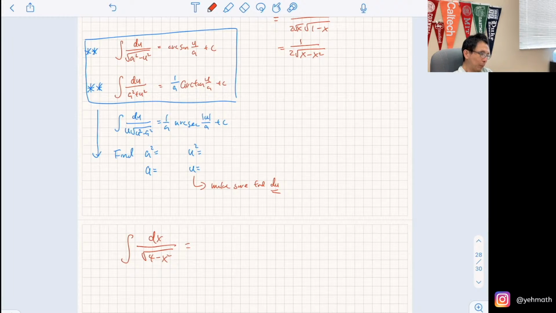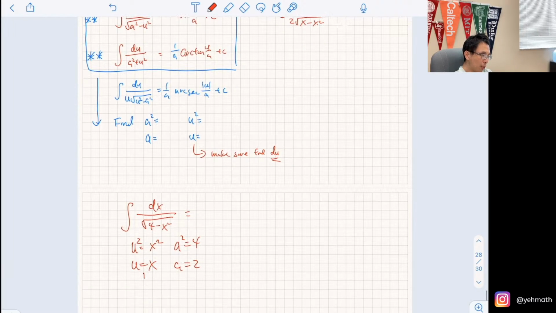They're going to say u squared is equal to x squared, and a squared is equal to 4. Well, what is u? x. And what is a? 2. And then also do one more thing, and be careful: du is equal to dx. So I can rewrite this as du over square root of a squared minus u squared.